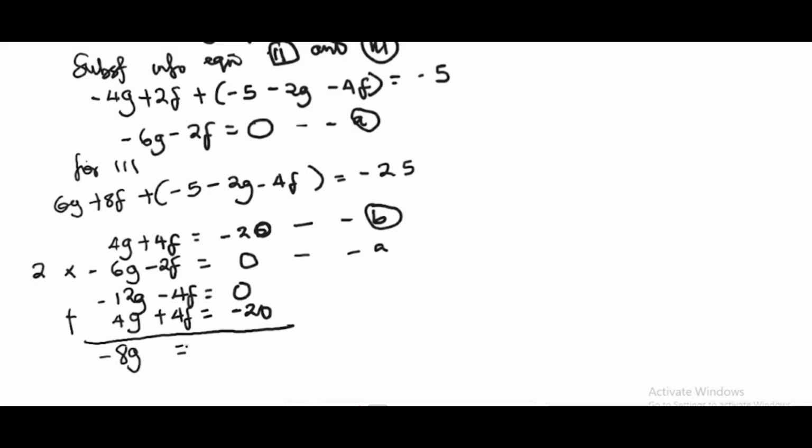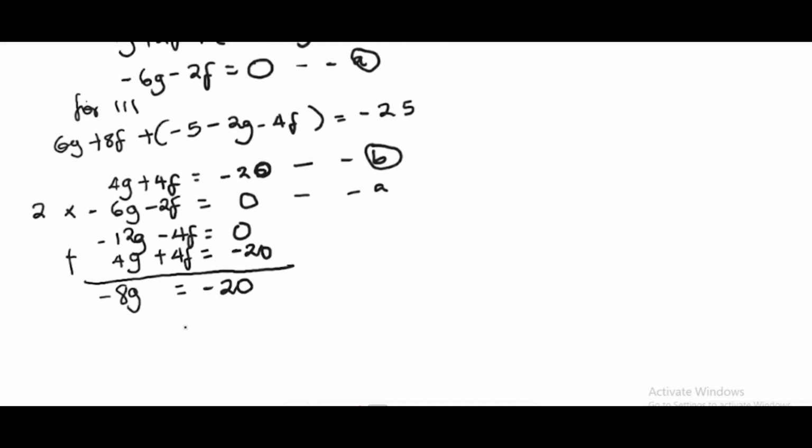So 0 minus 20 will give us minus 20. So to find g, we divide both sides by minus 8. So our g becomes 4 into 20 will give us 5, and then 4 into 8 will give us 2. So our g is 5 over 2.